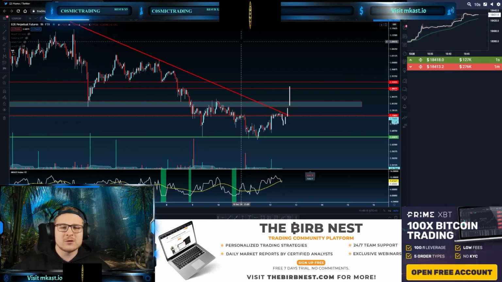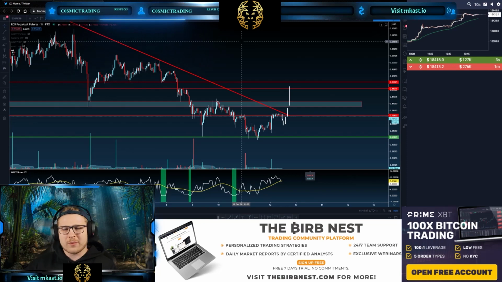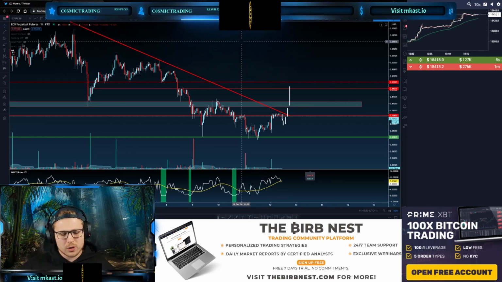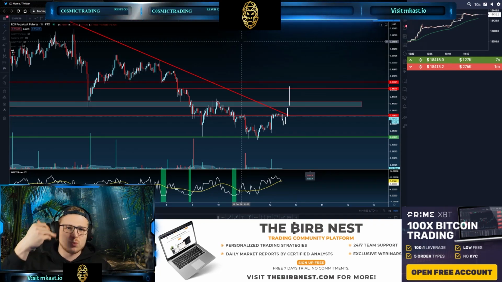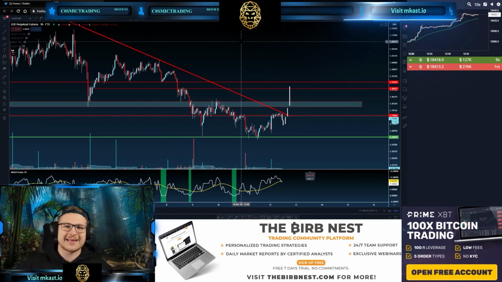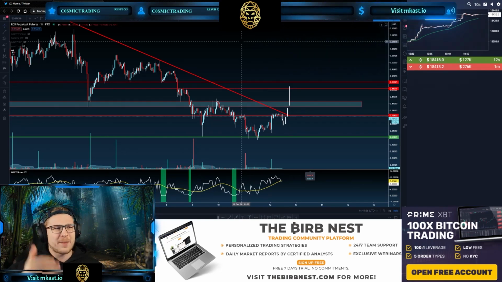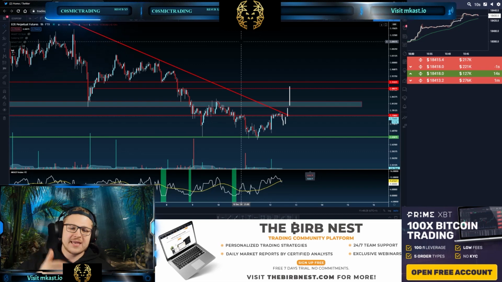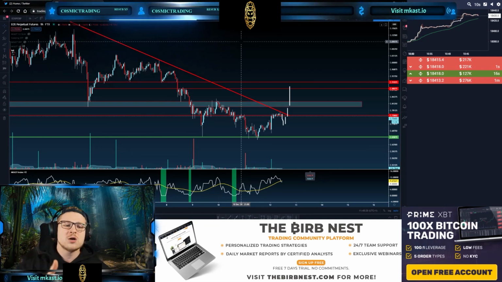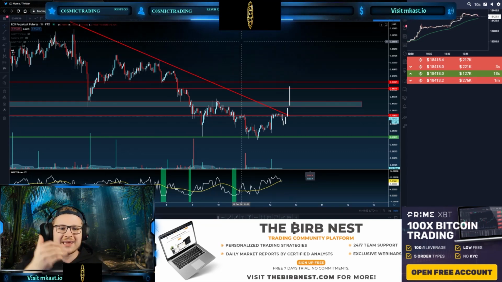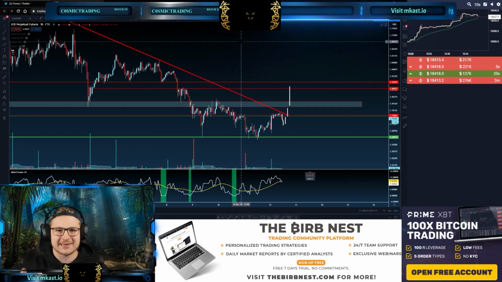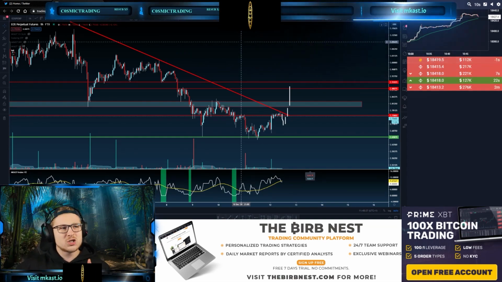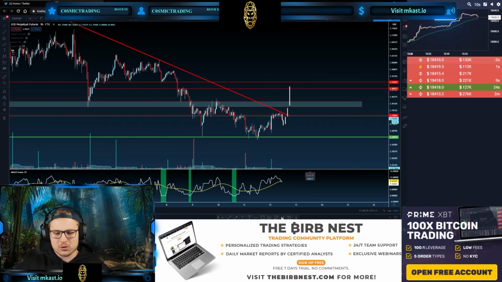So arc patterns, once again, you remember from our previous video how we learned to buy the dip, and we said buy the dip on a second leg down. Now the arc patterns are the key to understanding and finding the second leg down. Let me show you guys what an arc pattern looks like.